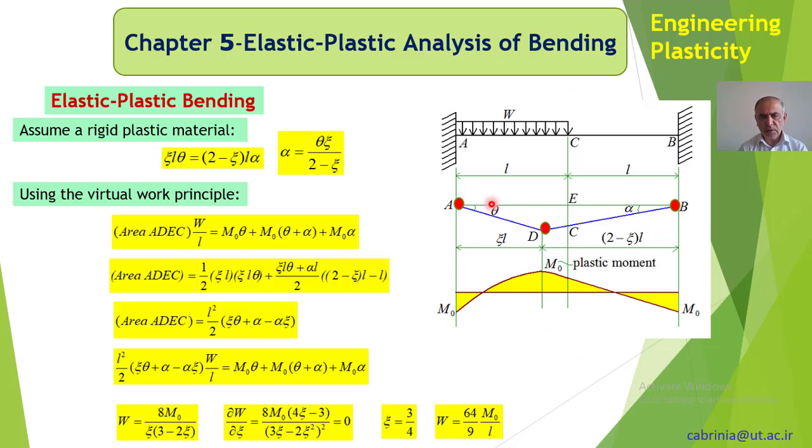As you can see, these kinds of structures and many more complicated structures, we can use this idea of virtual work and plastic hinges and solve it. The only thing here is that we should know where the plastic hinges are. We have to guess this. Obviously, in this kind of problem, it is easy to guess. For instance, here and here, we definitely know plastic hinges form there. But in here, we don't know, so we put some parameter and then find the parameter from the optimization.